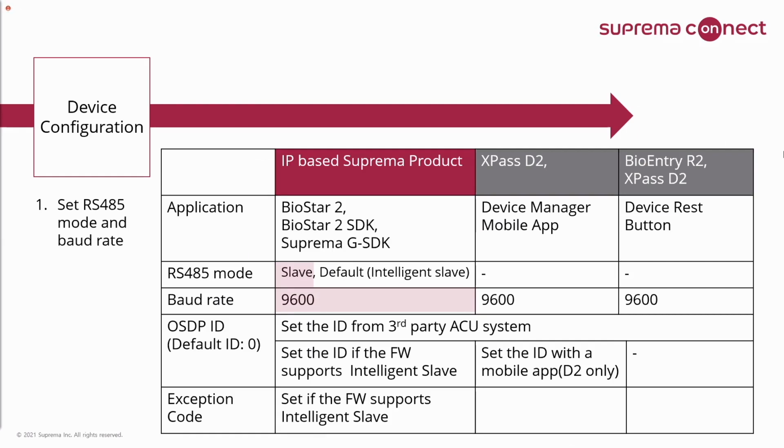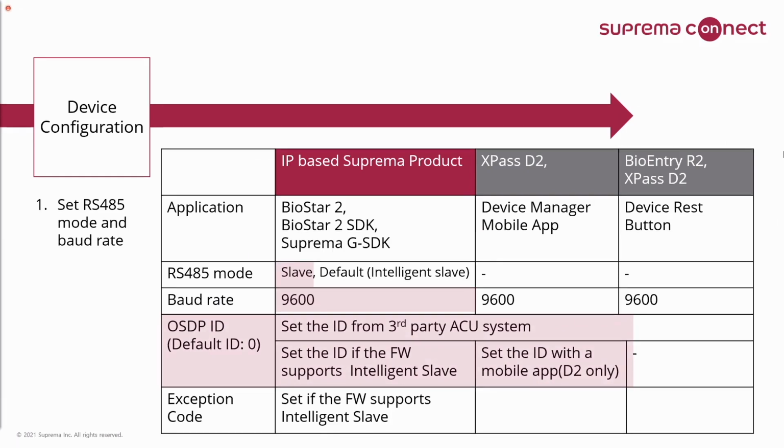Devices that can connect to IP can be configured through BioStar 2 software or SDK application. For OSDP ID, a setting is required when more than one device needs to be connected to the access control panel.